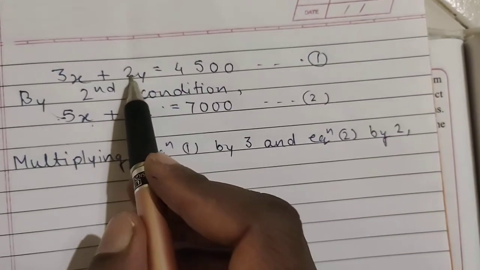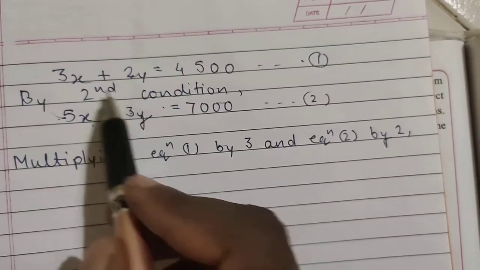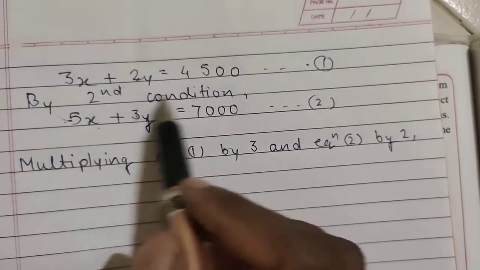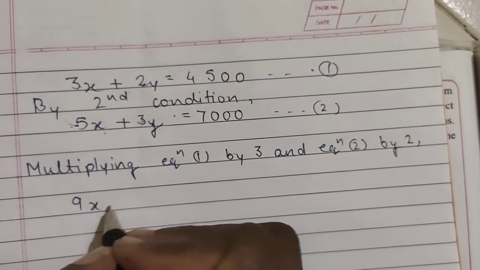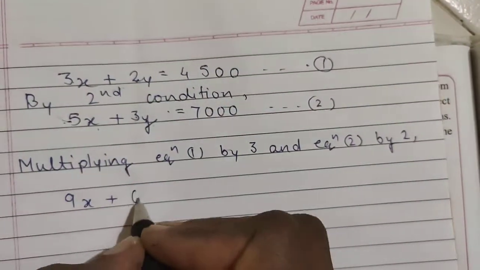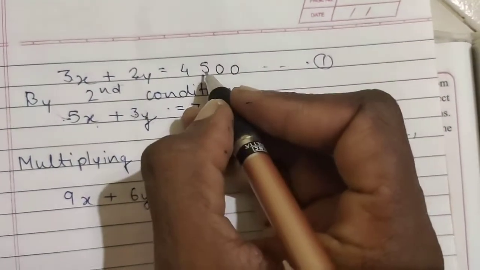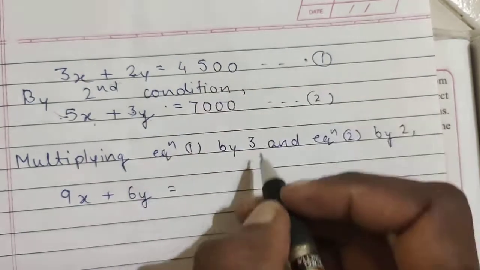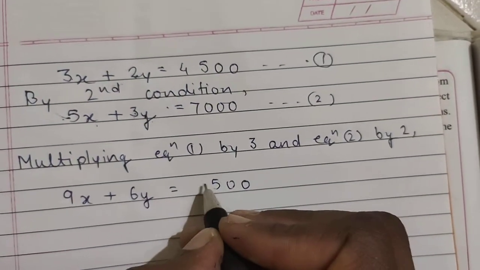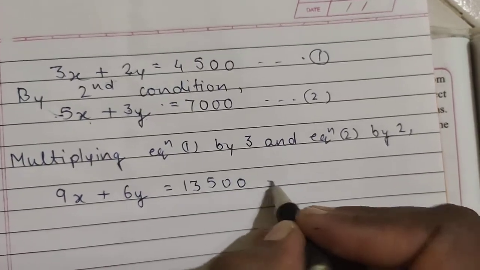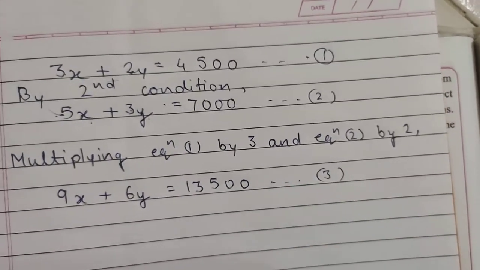Okay, so multiply this equation by 3 and this equation by 2. So first do this, multiply this equation by 3. So this becomes 3 3s are 9x, this becomes 3 2s are 6y, and here 3 5s are 15, 3 4s are 12 plus 1, 13. Call it your equation number 3.